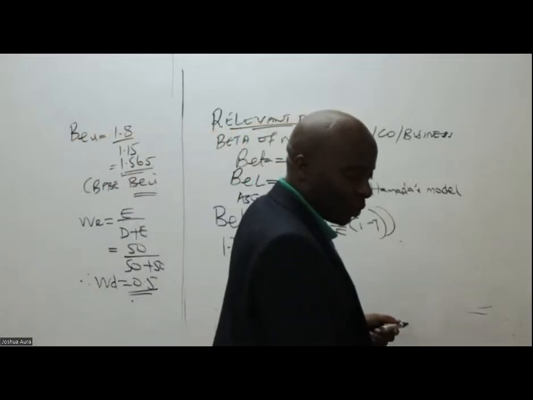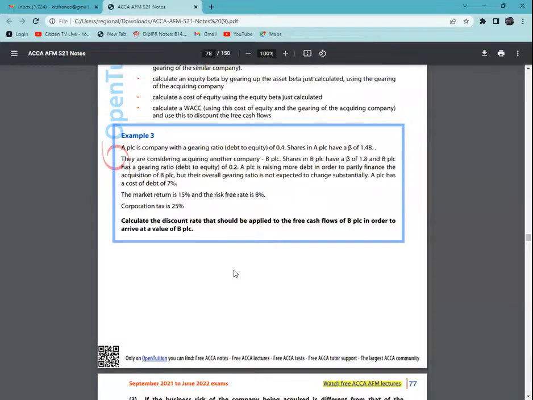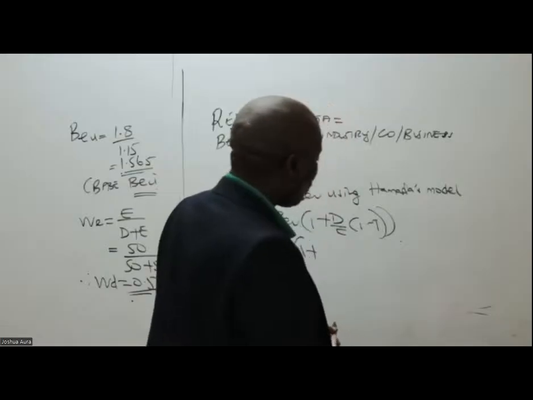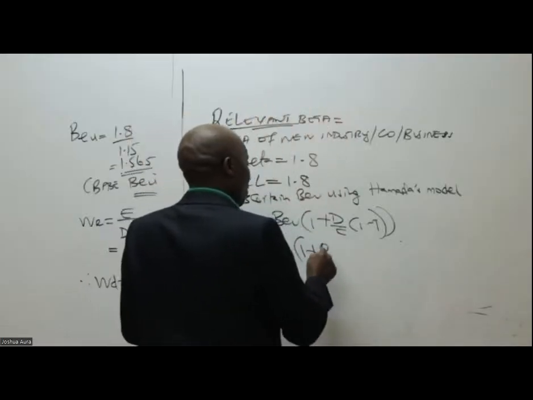So ladies and gentlemen, what do I have here? In this question, they have for sure given me the debt to equity of this new business. They have told me the debt over equity is 0.2.